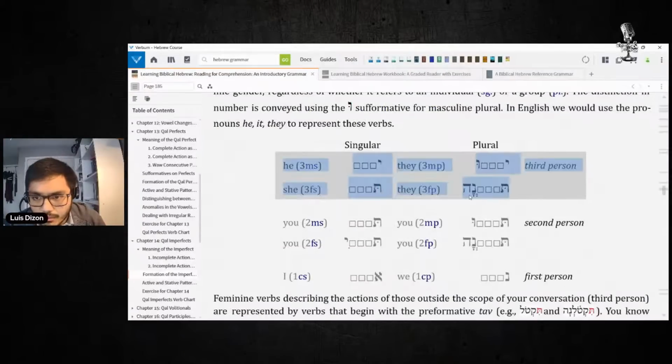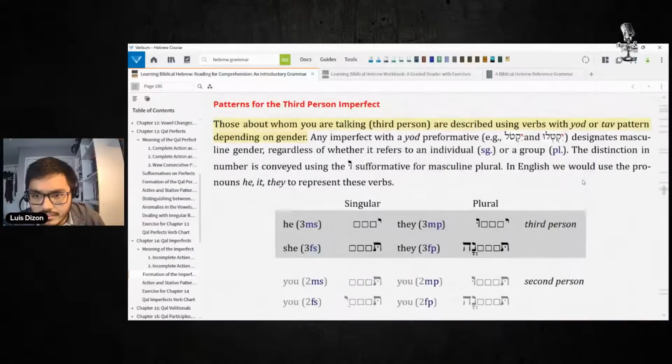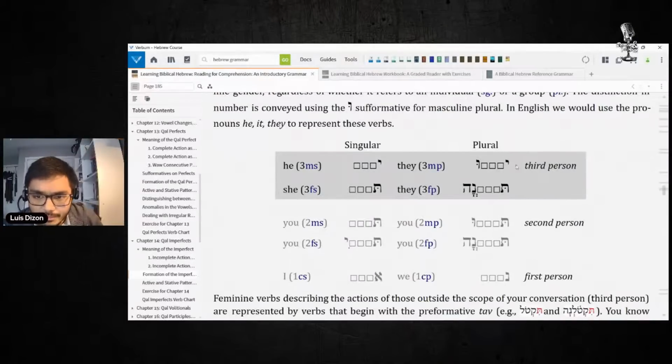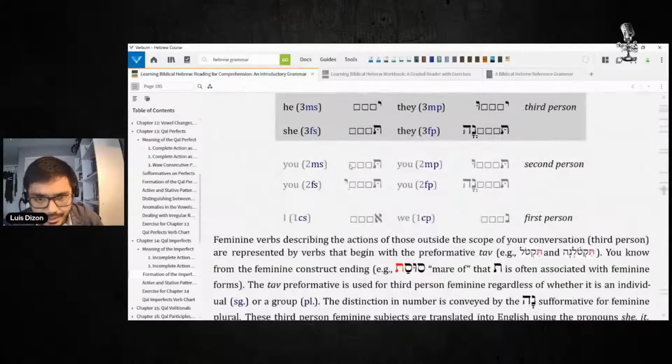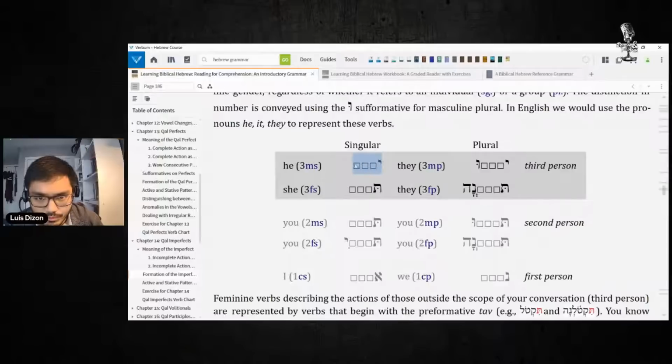Anyway, you will see here that what the masculine forms have in common is they all begin with a yod. So again, let's say we're using shamar as our base verb. We have yishmor and yishmaru. And by contrast, the feminine form is always a tav with a dagesh, as you can see here.